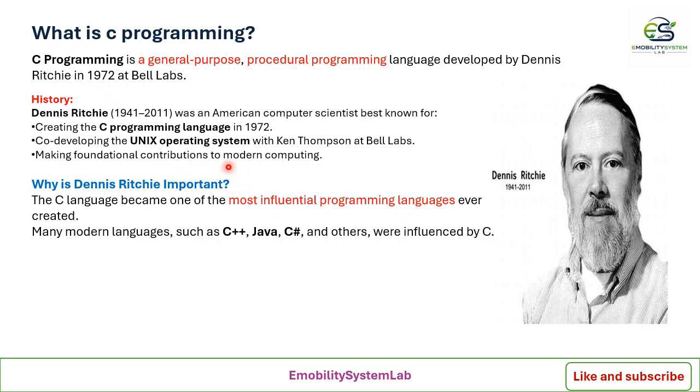If we talk about other languages like C++, Java, C Sharp, or Python, all of them have been developed on the basis of the C programming language. So you can say C++, Java, and some other languages are influenced by C.